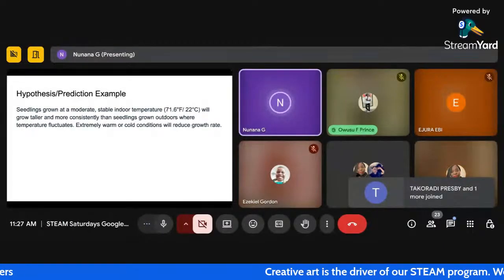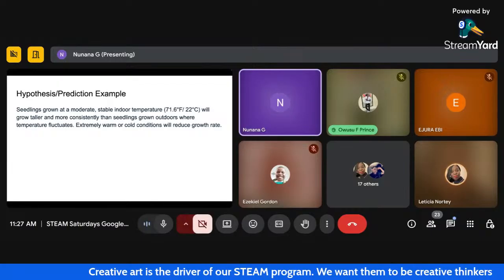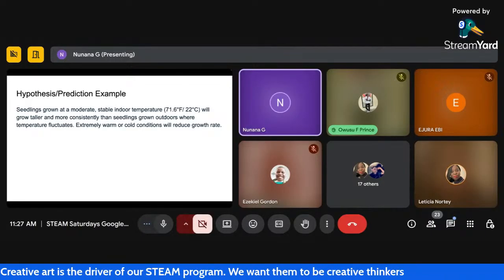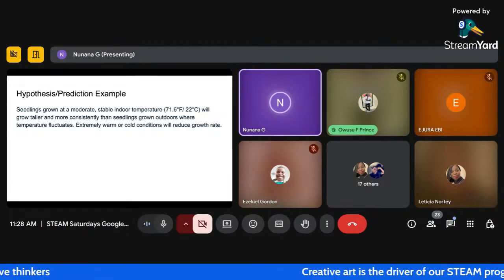Why? Because the temperature changes. Beans grown in extreme warm or cold conditions will have a reduced growth rate. This is my prediction.